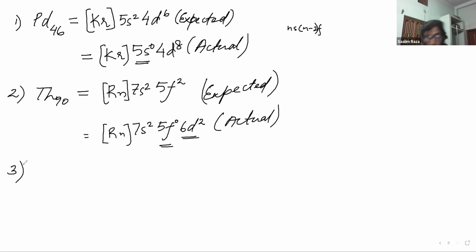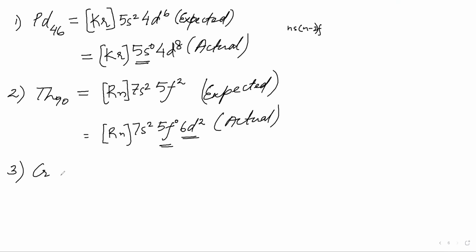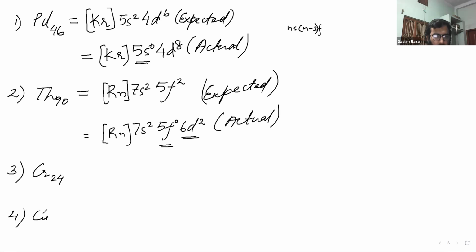Now, the most important one for your board examination, which usually comes, is chromium, Cr, which is 24, and copper, which is 29. Both will have the noble gas argon.